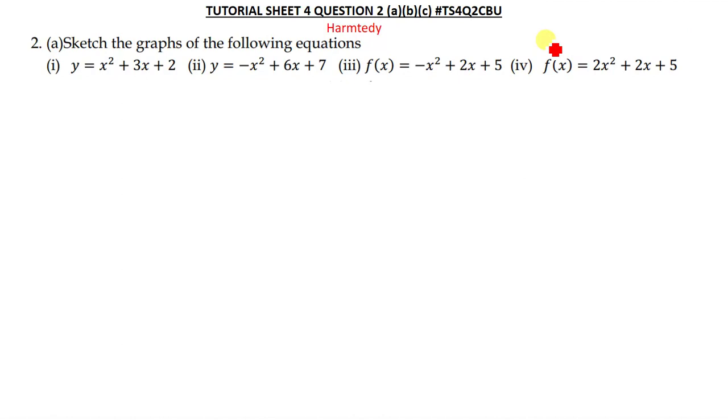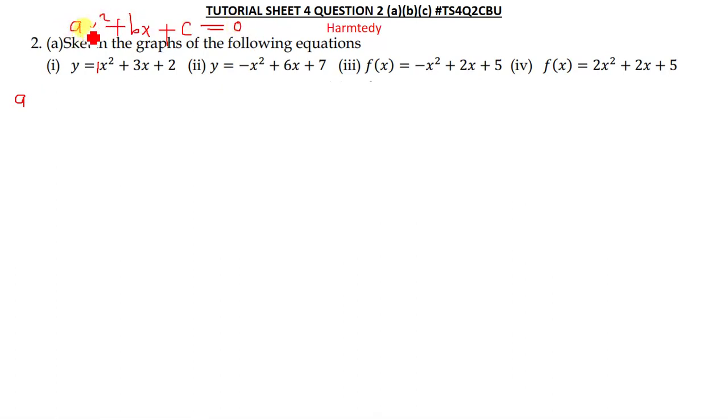Okay, so the question says sketch the graphs of the following equations. When you're sketching the graph, you first need to identify whether it has a minimum or a maximum value. How do you check that? If it's a quadratic equation, just check the coefficient of x squared, from the expression ax squared plus bx plus c is equal to 0.